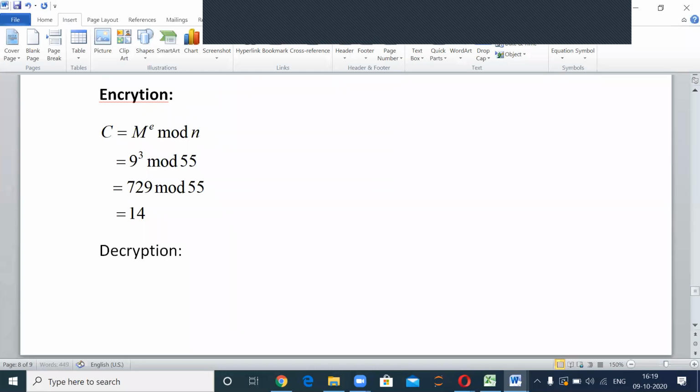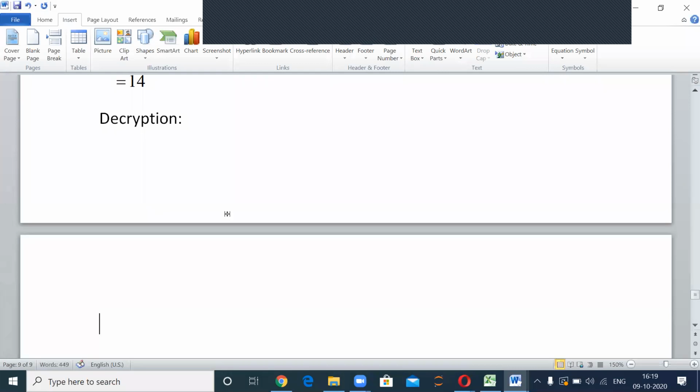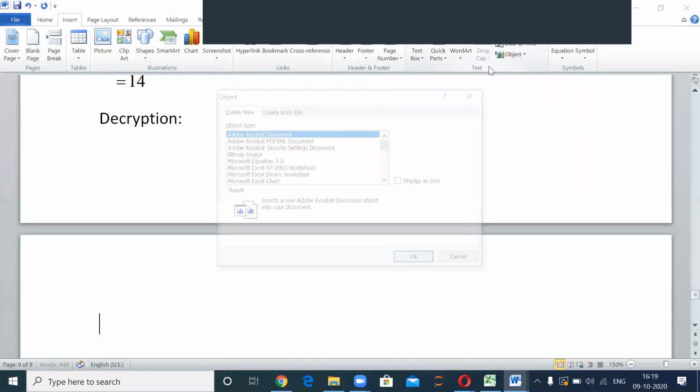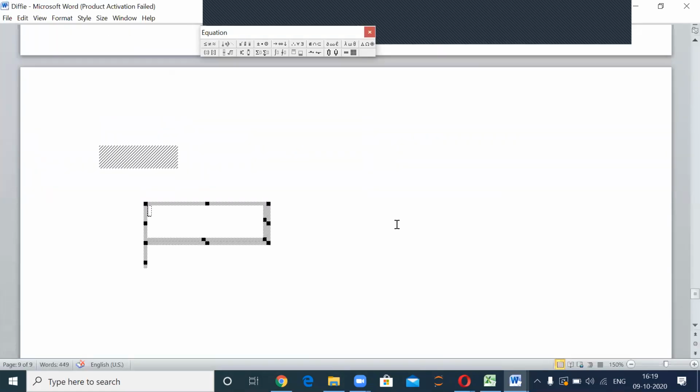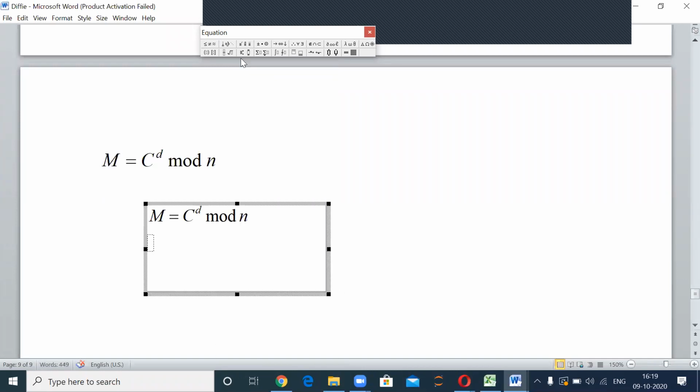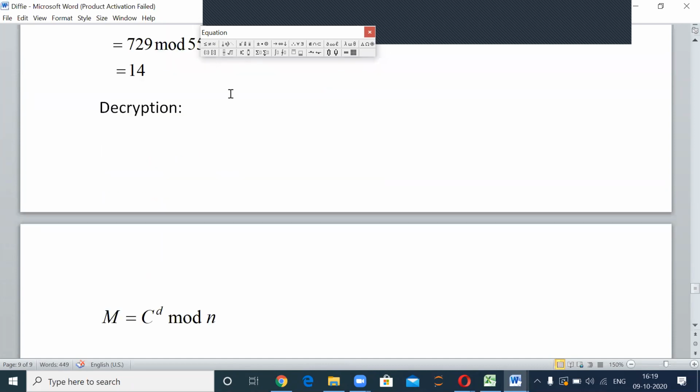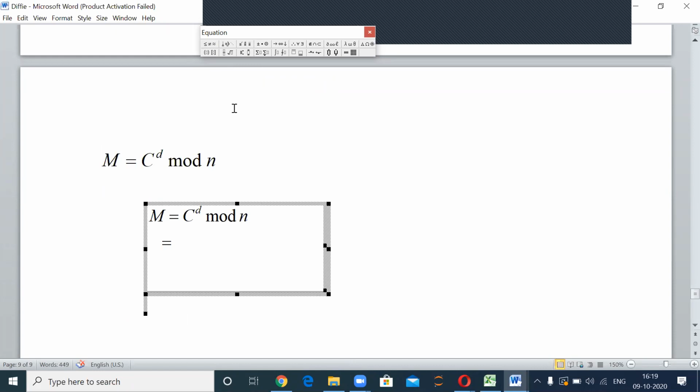You can perform the decryption using the formula m is equal to c power d mod n. C is 14, so that is 14 power d.